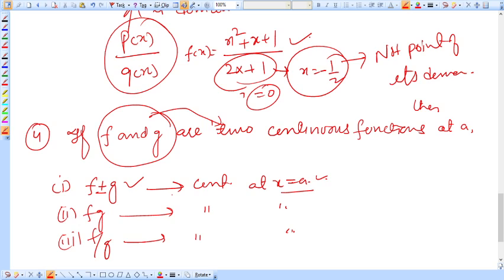Okay, so now we are going to take some problems on continuity. Okay, I hope you will understand this problem well, because these types of problems based on continuity are very important, keeping in view your examination, right?